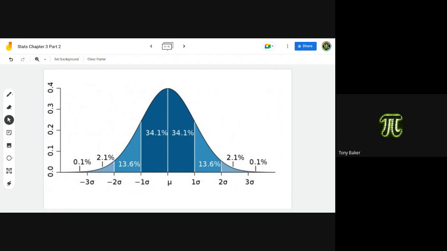This graph shows it just broken down by halves, right? So we've got the left side and the right side.